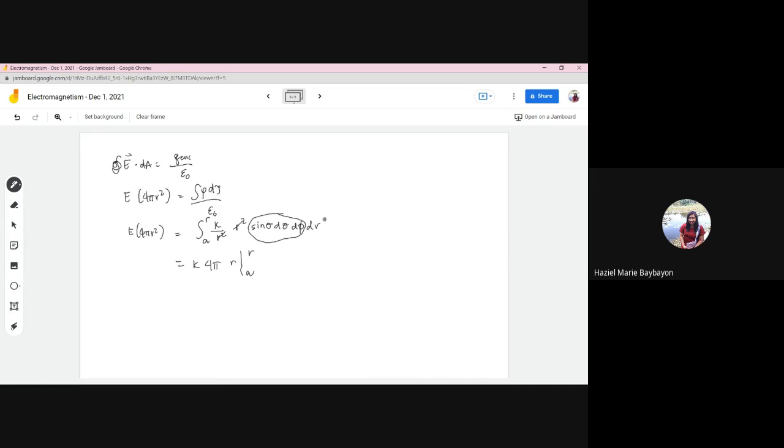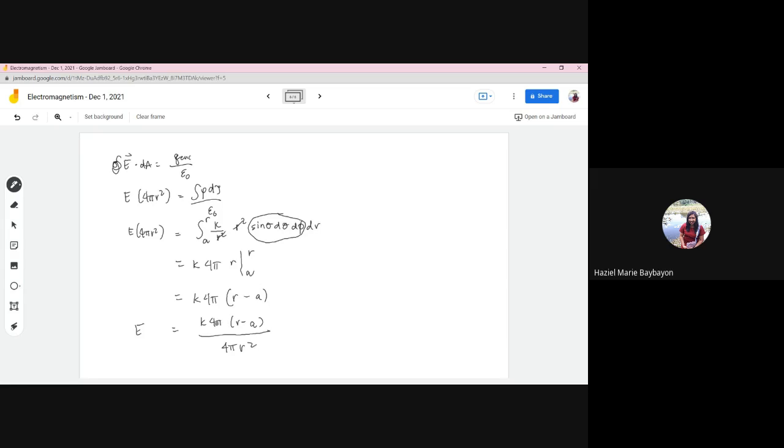It is usually written with a prime to distinguish it from the limit, but it is the same thing. So we have k multiplied by 4 pi multiplied by the substituted limits, r minus a. So E is equal to k 4 pi (r minus a) divided by 4 pi r squared.